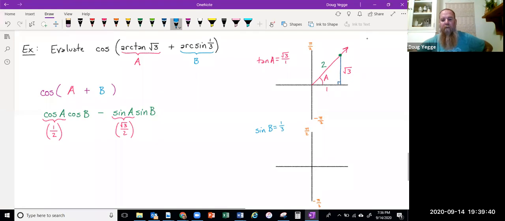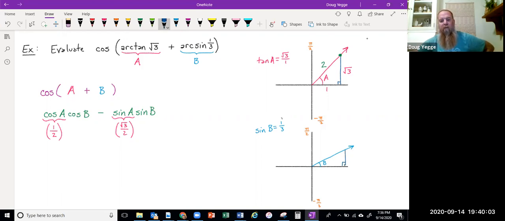So that must mean that I'm in the first quadrant again. So there's my angle, which means that if I were to draw this as my angle B, which is arcsine of 1/3, then I could drop my triangle and fill in the missing sides.